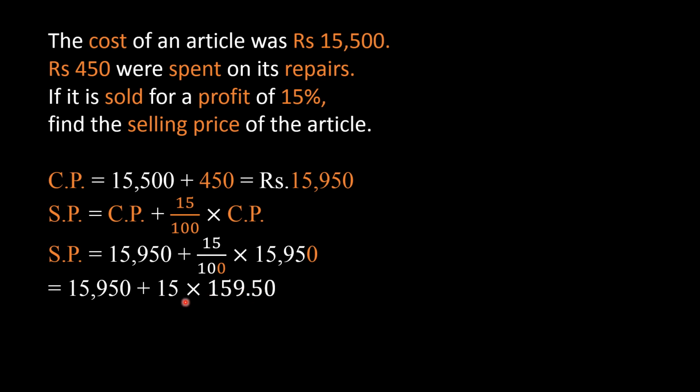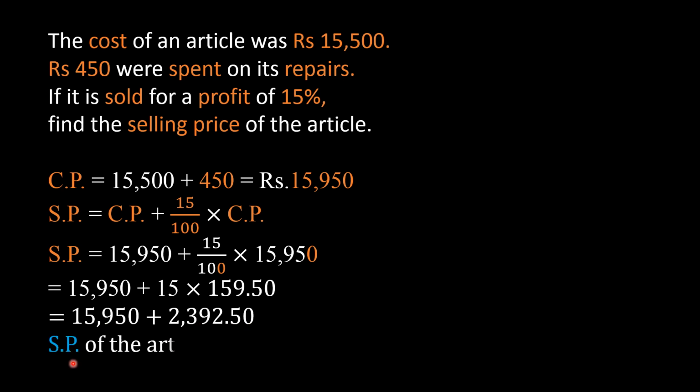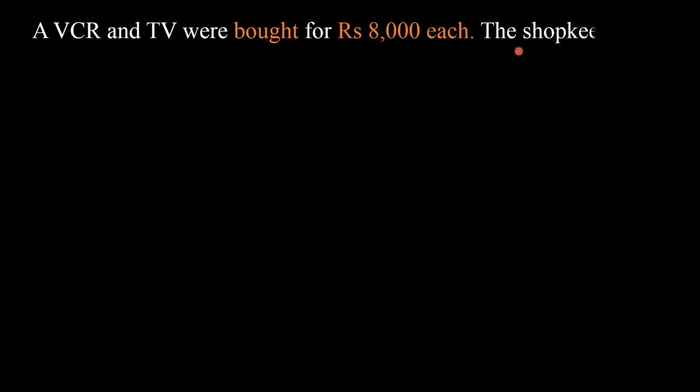So it will be 15 multiplied by 159.50. This will be 2392.50, and this sum will give us the selling price of the article, which will be rupees 18,342.50.